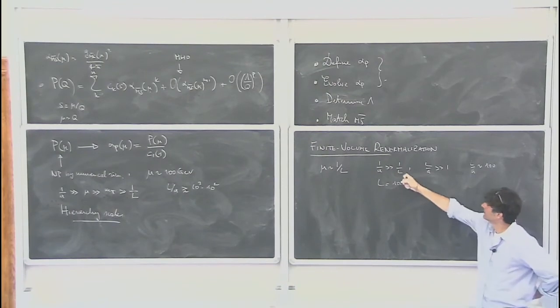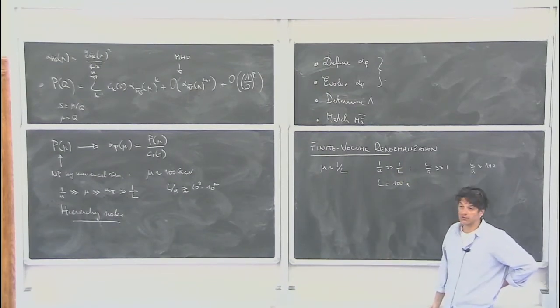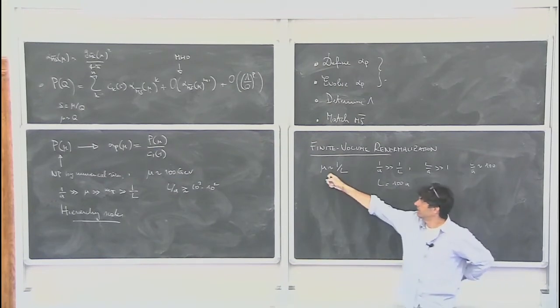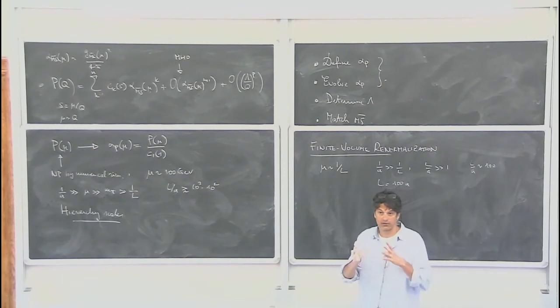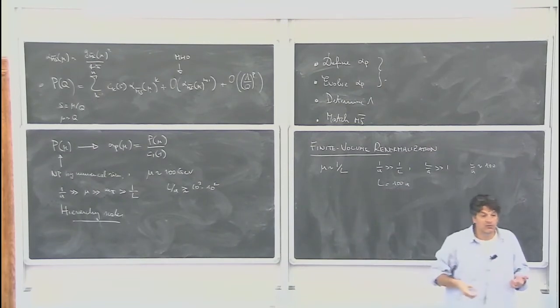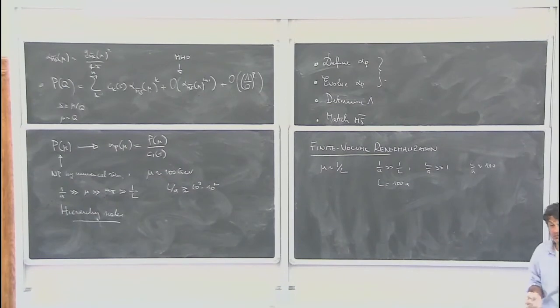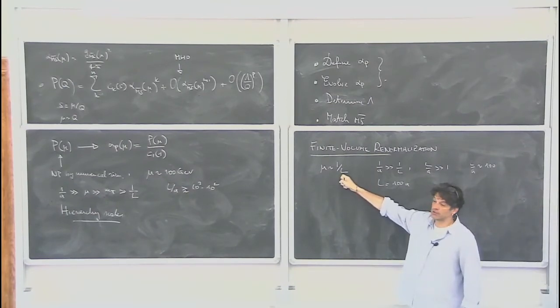So if you want mu to be 1 over L, and if this is 100 GeV, then you end up in a very small physical volume. This is called the femto universe. Sometimes it's just a name. It just means that you will be working in a physical volume which is very, very small.